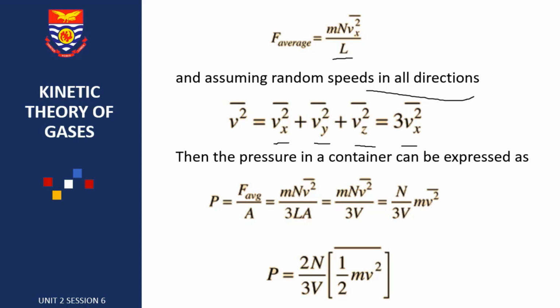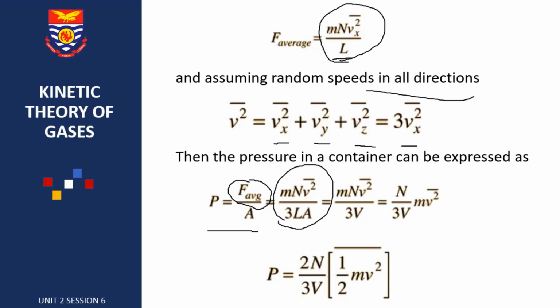Now let's relate the average force to pressure. We know from our old physics that pressure is equal to force over area. Considering that the average force is the whole of the deduction that we did in the previous slides, we can put it in here so that we get m times the number of molecules times the average velocity squared, all divided by 3L times area.